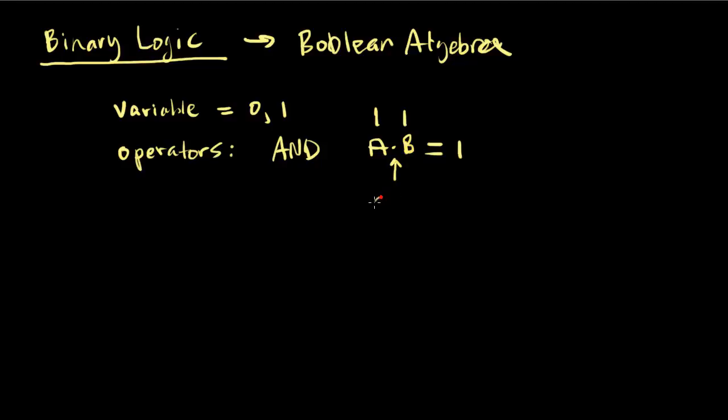If A is 0 and B is 1, then you'd get 0. If either one of these is 0, then you get a 0. Okay? So this is the AND operator.